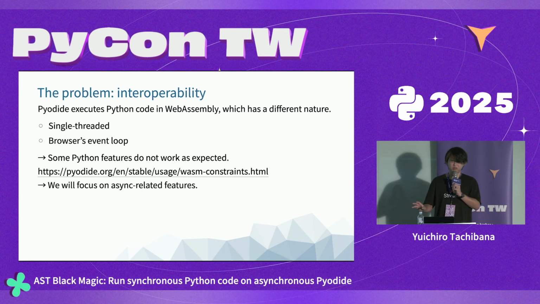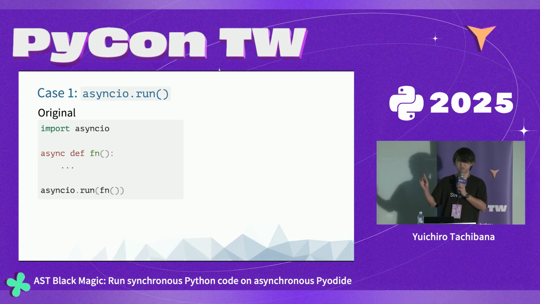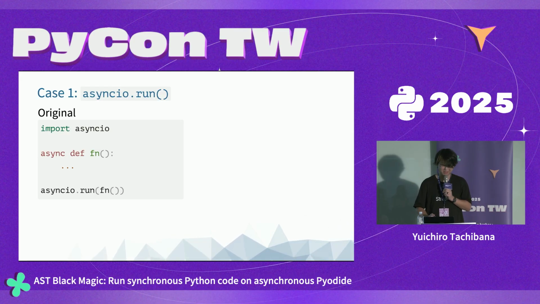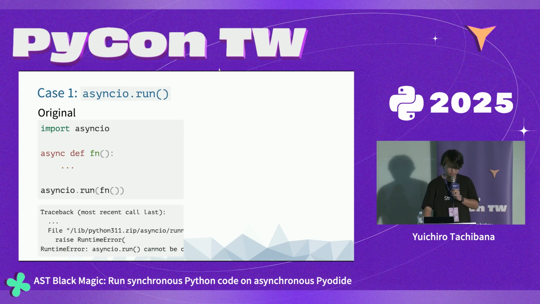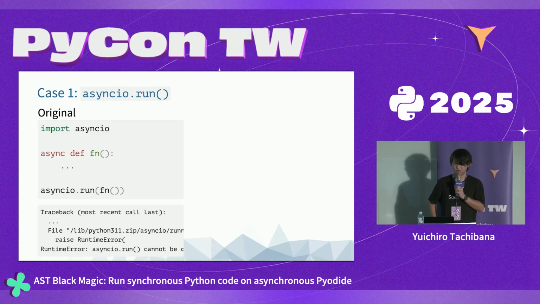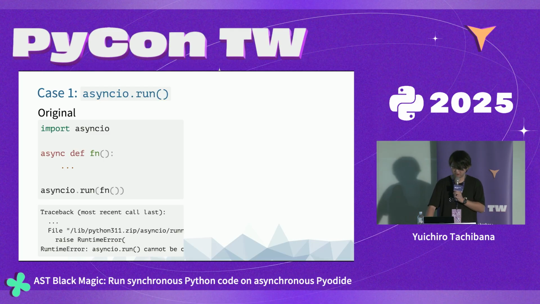However, in this presentation, I'd like to focus on the features related to asynchronous behavior. One troublesome example is asyncio.run. Please see this example. It should work in Python, and it actually does. But if you run this kind of code, you will get an error from the Pyodide runtime because asyncio.run does not work in Pyodide environments.